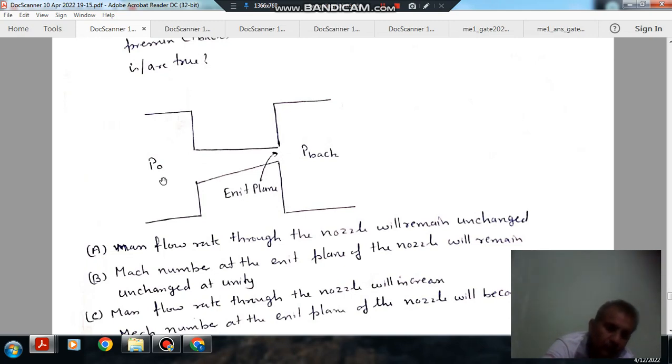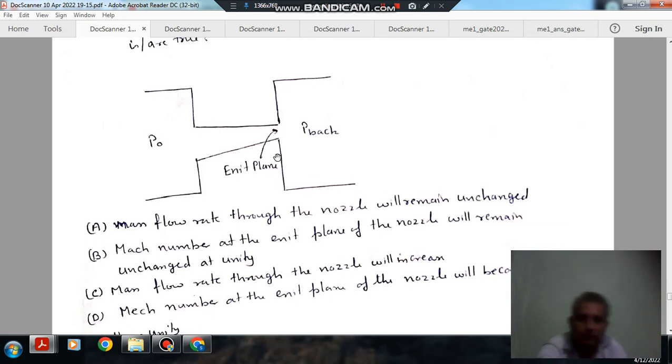Suppose P naught is 12 bar and P exit initially is 3 bar. If we increase P naught to 13 bar, then the exit pressure will change to, suppose, 4 bar, but the back pressure will remain the same and the expansion will take place outside.